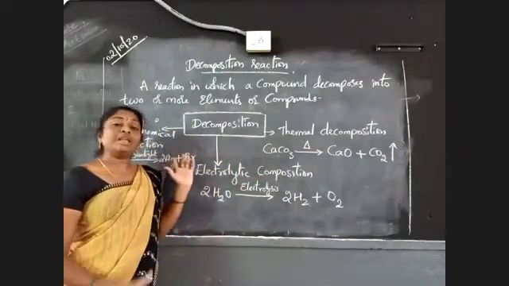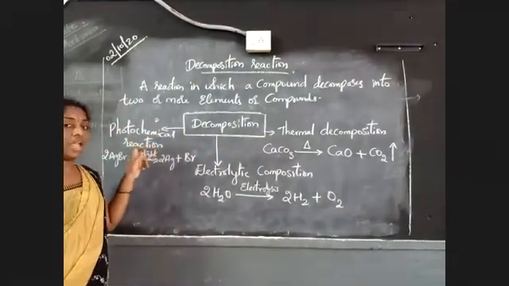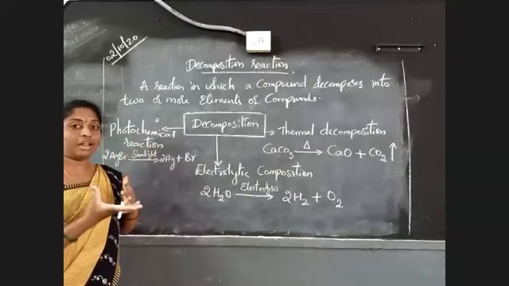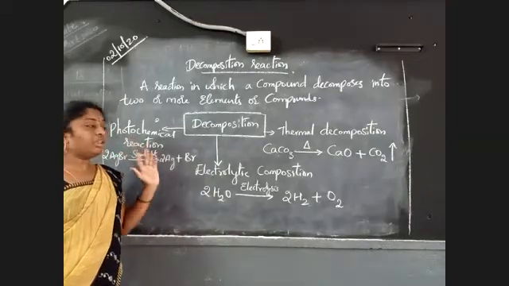If it absorbs sunlight, we call it a photochemical reaction. You already have an idea that photo indicates sunlight.